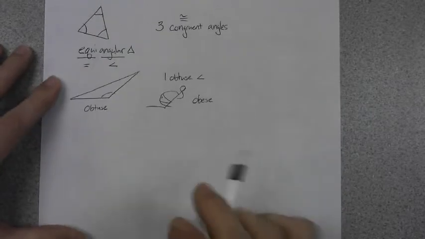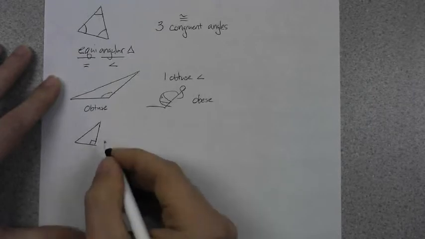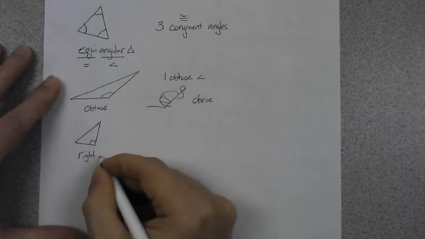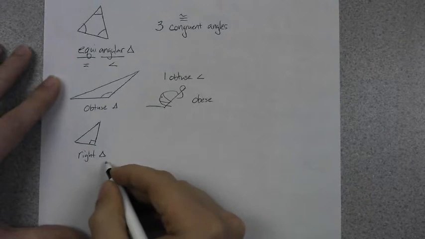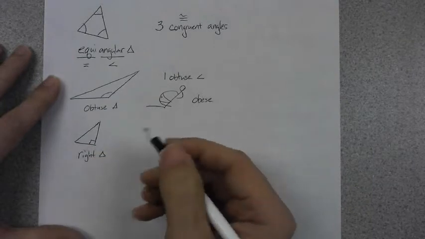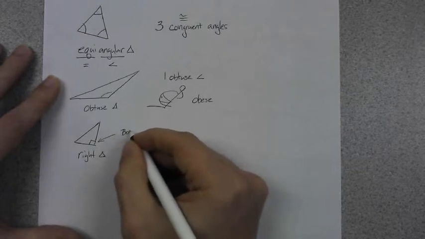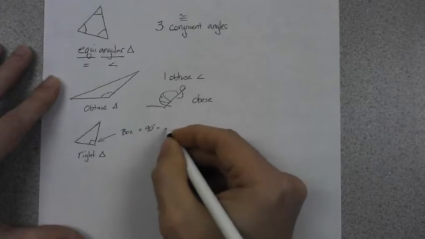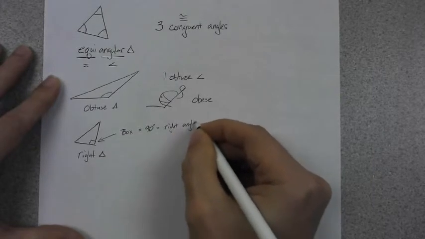Next one. A right triangle. A right triangle, need a little triangle symbol there. A right triangle has a right angle. Surprise, surprise. Now, if you forgot that little box, that means that that's 90 degrees, or another way to say it is that it's a right angle.